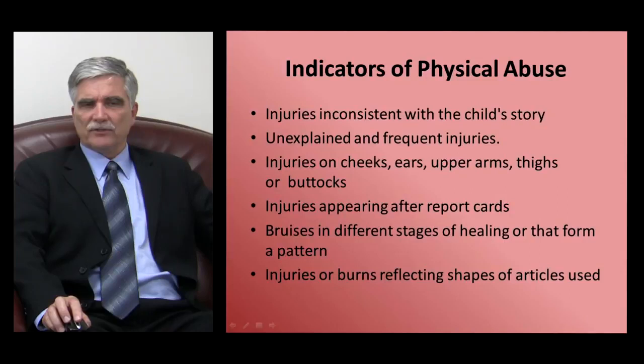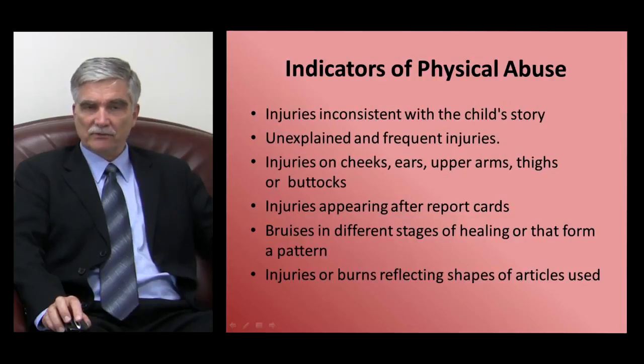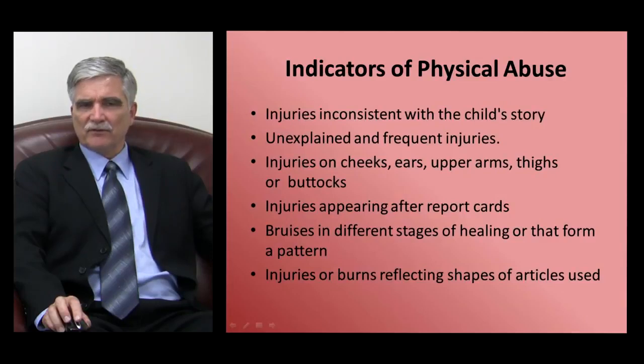Most accidental injuries are to the front side of the body, since children are usually moving forward, and commonly show on their forehead, nose, chin, palms, elbows, knees. Ask yourself, is this child capable of this type of accidental physical injury?